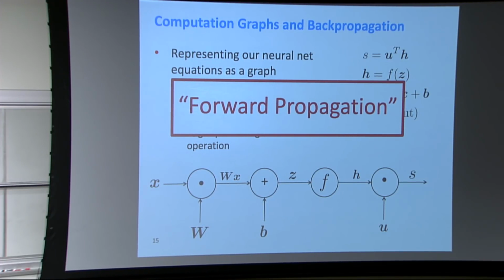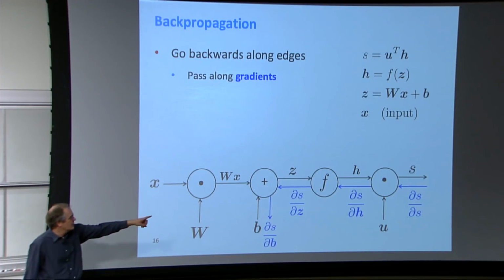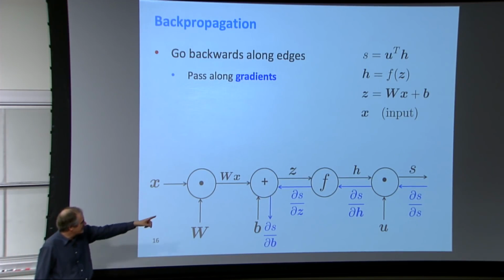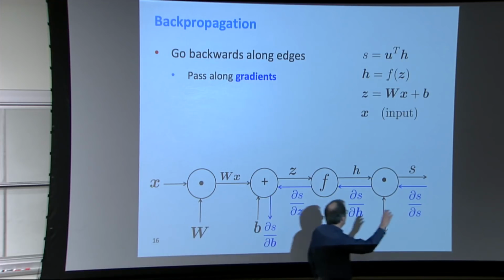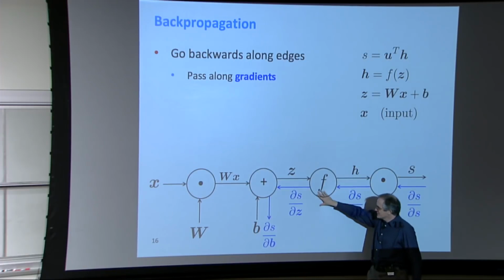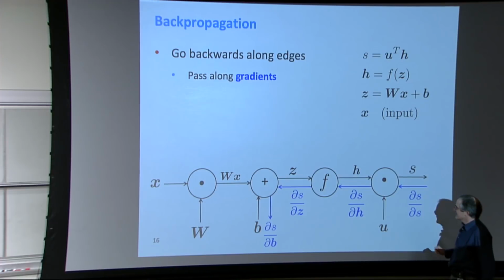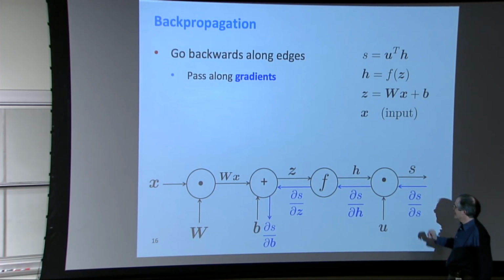But the difference here is, hey, we want to do a learning algorithm, so we're going to do the opposite of that as well. What we want to be able to do is also backward propagation, or backpropagation, or just backprop it's commonly called, which is we want to be able to go from the final part here, and then at each step we want to be calculating these partial derivatives and passing them back through the graph. And so this was sort of the notion before that we had an error signal, right?